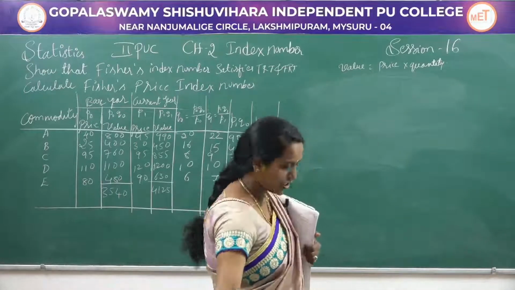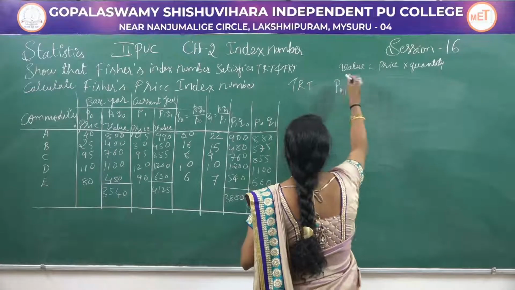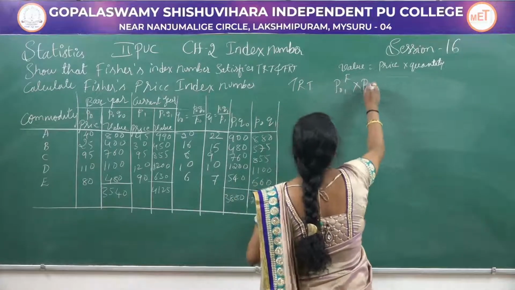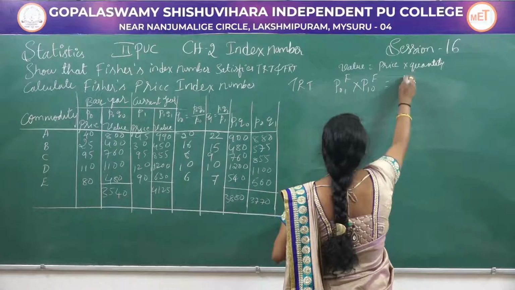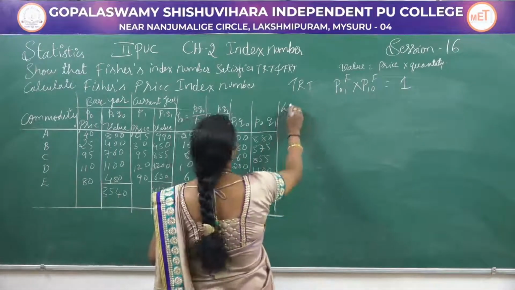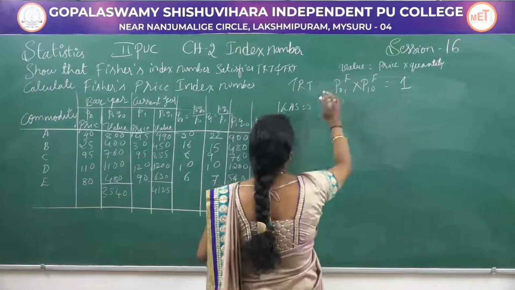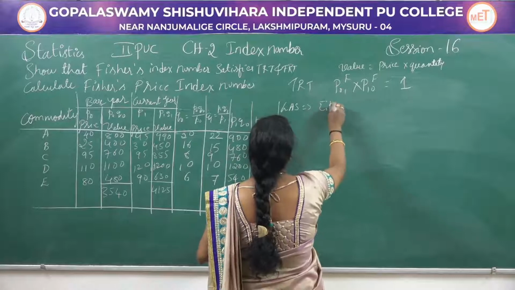First I will write the condition. Condition for TRT is P01 of Fisher's into P10 of Fisher's is equal to 1. This we have to prove. For this, first I will consider the LHS, that is P01 of Fisher's and P10 of Fisher's. I will write down the formulas.